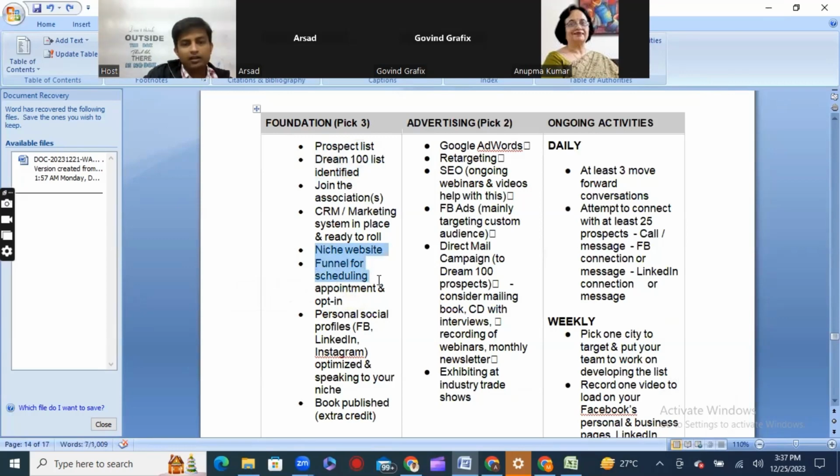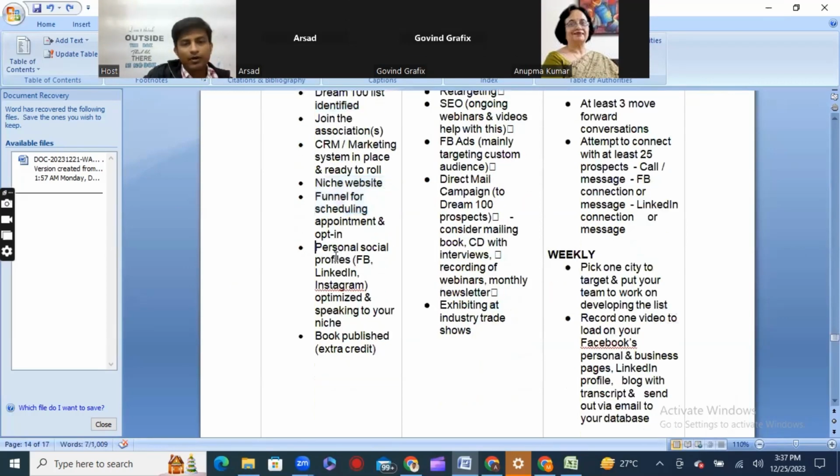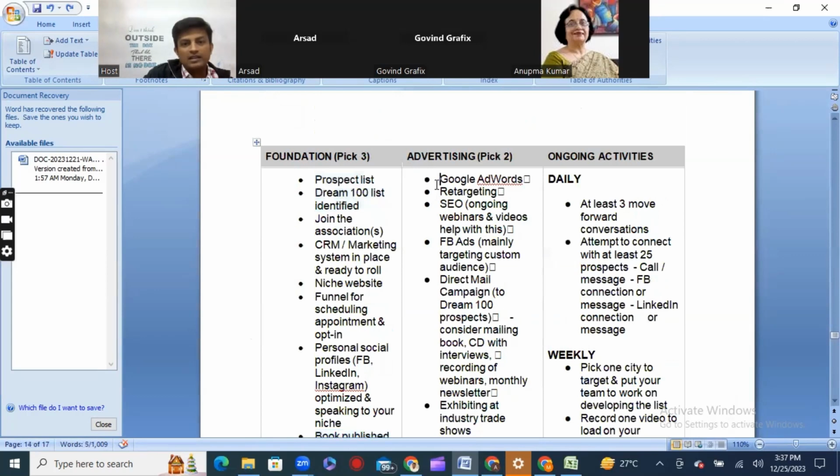Your funnels should be ready. Your personal FB, Instagram, everything has to be optimized. If you have a book published, you will get some extra credit, okay. You can do advertising also, but at the start, if you don't want to, you can skip it. Once you scale it, you can also do FB ads or Google ads, everything.